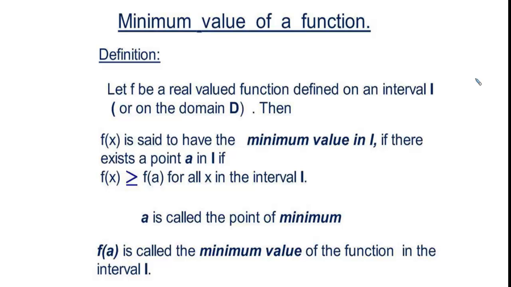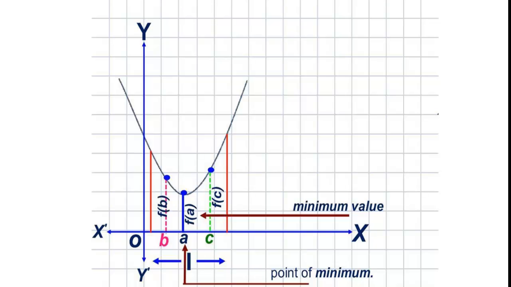Let us now see the graph of one more function here. In this case, we find that out of the points a, b and c, the value at x equal to a, that is f of a, is less than these values f of b and f of c.